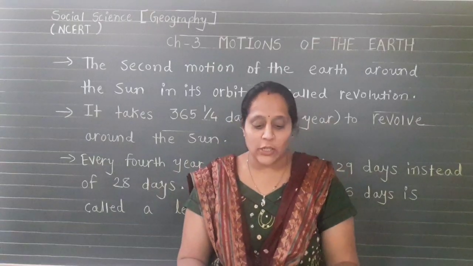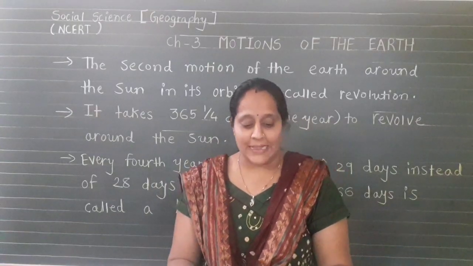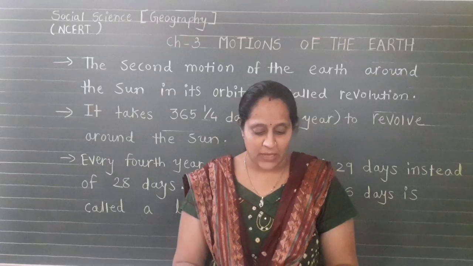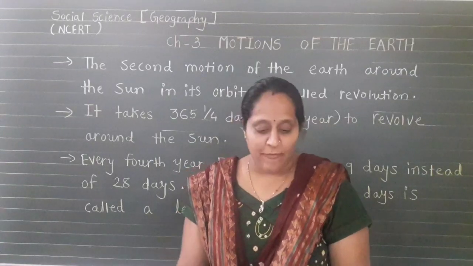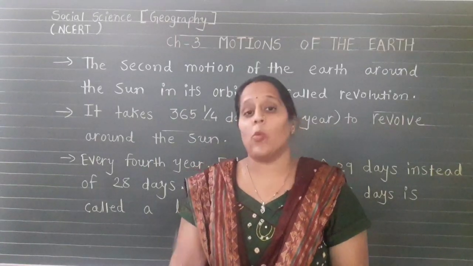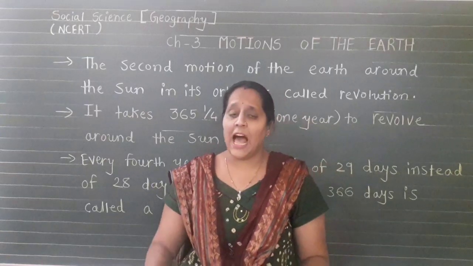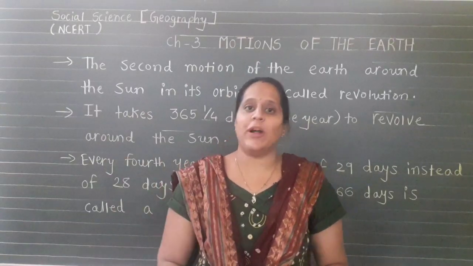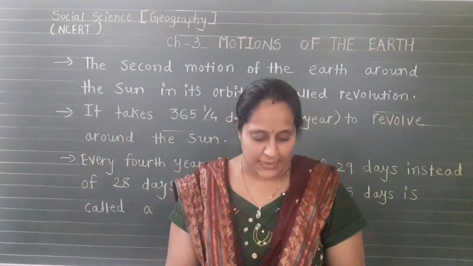So we ignore the 6 hours for convenience. 6 hours saved every year are added to make 1 day, which means after 4 years we add 1 day of 24 hours.